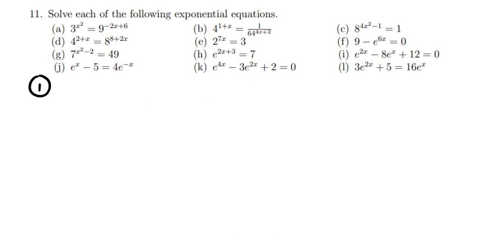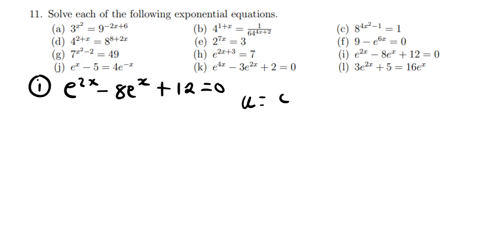We're saying this is e to the power 2x − 8 e to the power x + 12 is equal to 0. We can choose any letter. Let's say we let u be equal to e to the power x.